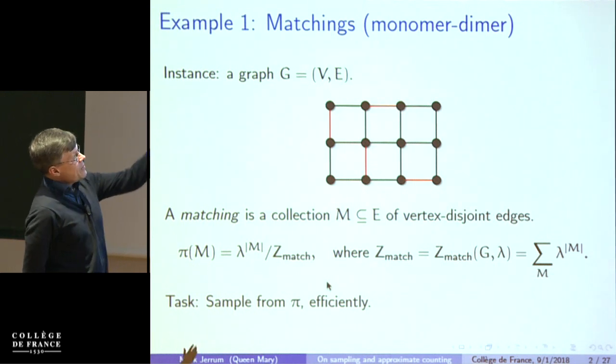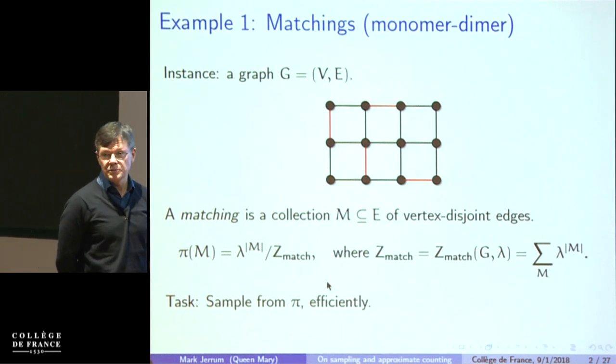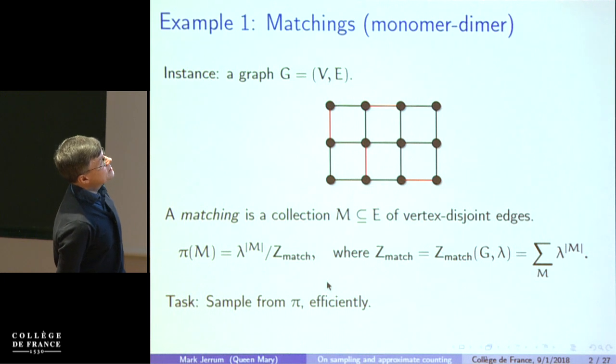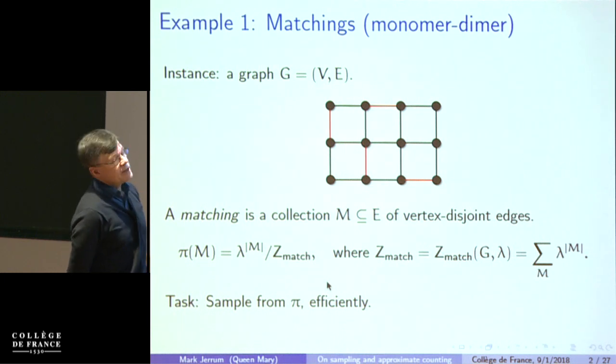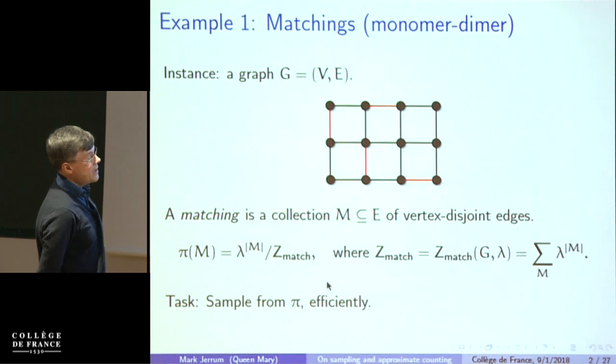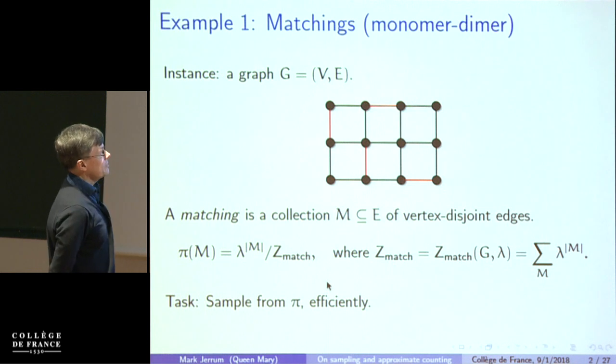And we're interested in the matchings in that graph. A typical example is picked out in red. There are a bunch of edges which have the property that they don't collide. If you look at those red edges, no pair of them share a common vertex. Okay, so that's what a matching is.